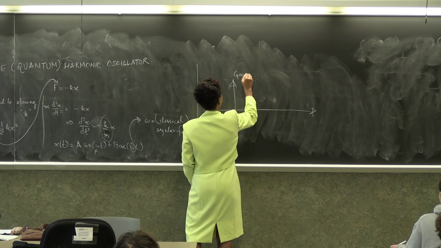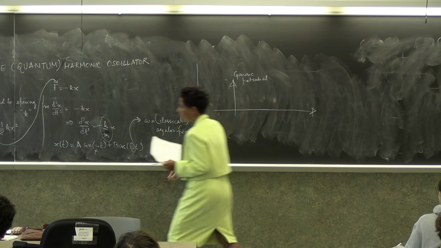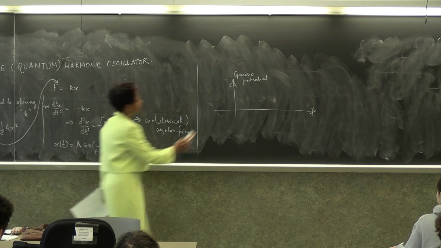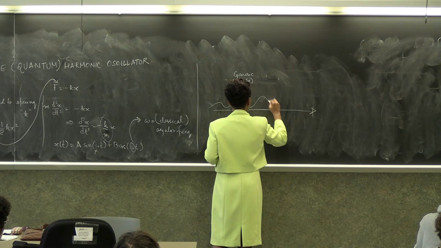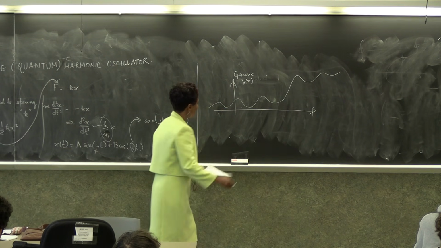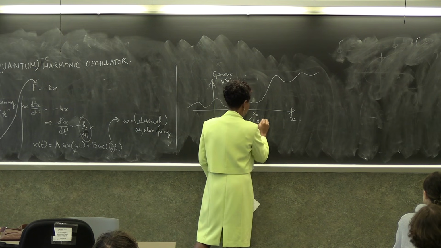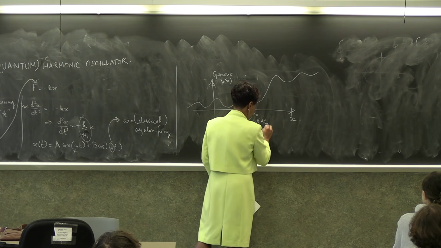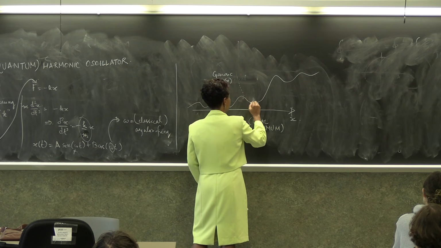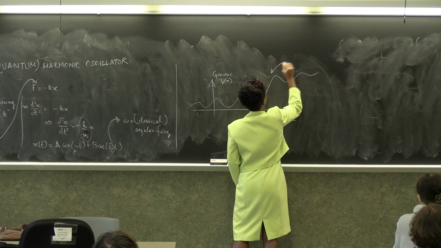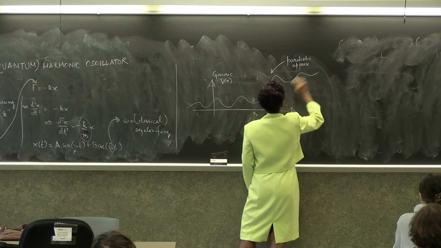Consider a generic potential, sorry, generic V of x, etc. And let's focus on some local minimum, and consider a parabolic approximation to this generic potential around the local minimum.